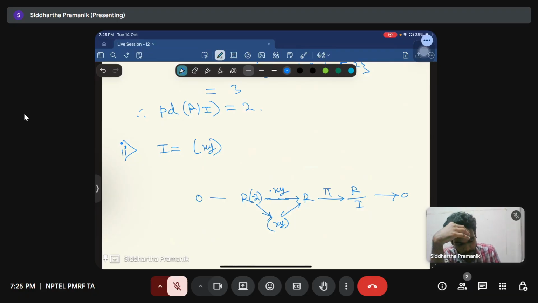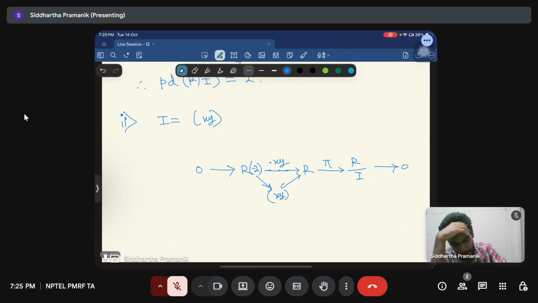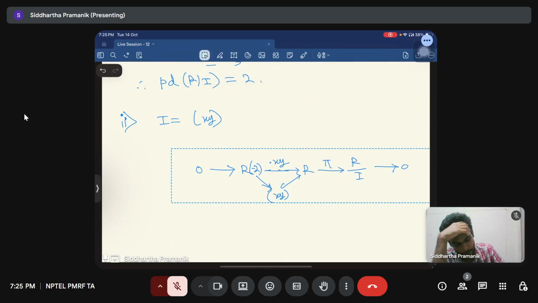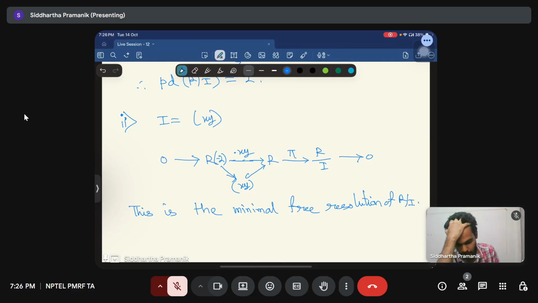So this is the minimal free resolution of R mod I. So let's calculate the regularity.